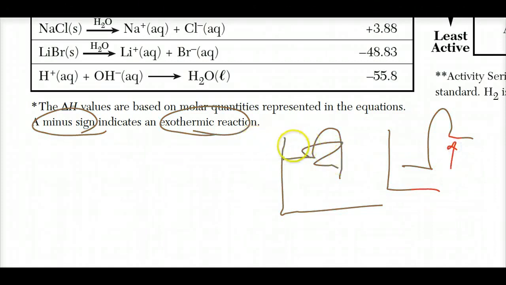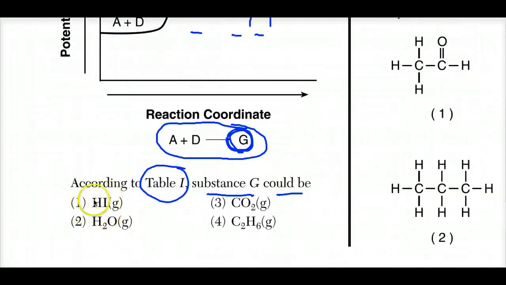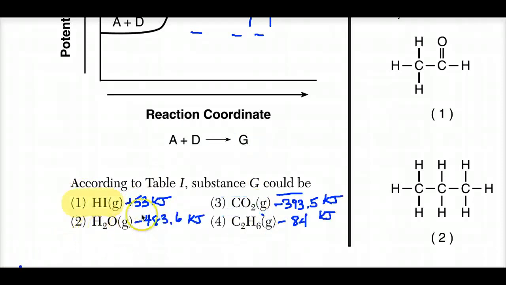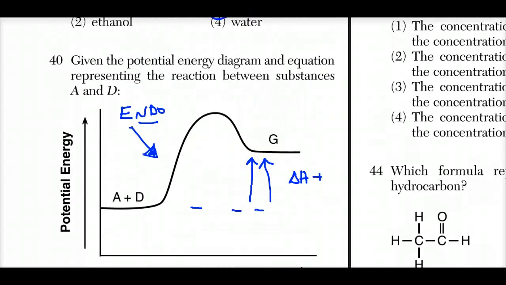So you had to read that curve carefully. So back to the question. All of these choices are exothermic except for HI. Number 1 is the answer. So clearly it's choice 1, HI. It's the only one that's endothermic according to the endothermic curve, which you should be able to identify.